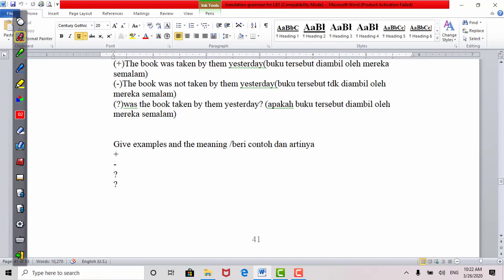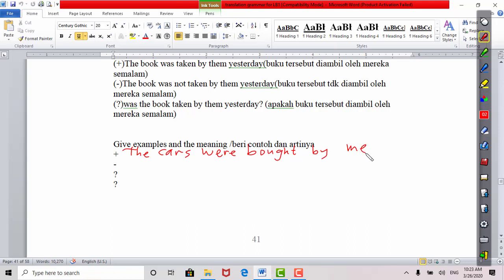For positive: The cars were bought by me yesterday.